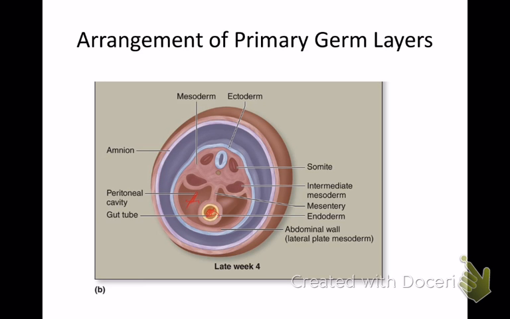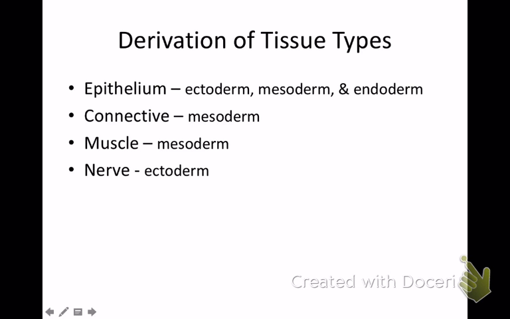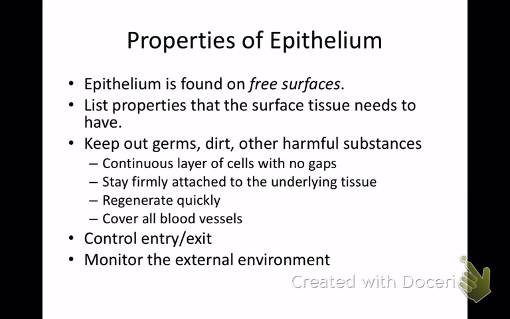Epithelium, okay? Even your skin is considered a free surface, right? So anytime you have a hollow interior, and you should have learned in lab a term for that. The term was lumen. You remember that? Okay. So if you have a lumen, that's a hollow area. Fluid might flow through it, or it might be an air-filled space, whatever. But you're going to have epithelium lining it.